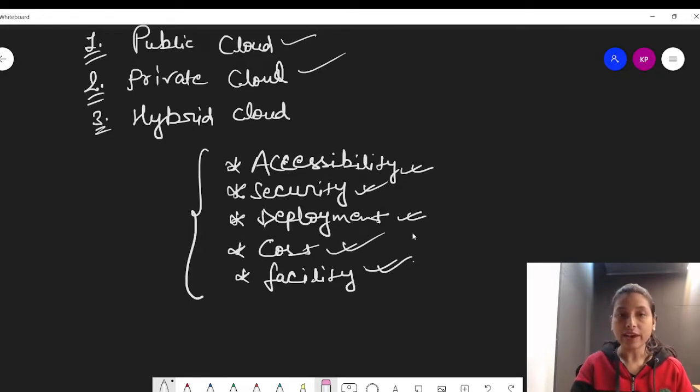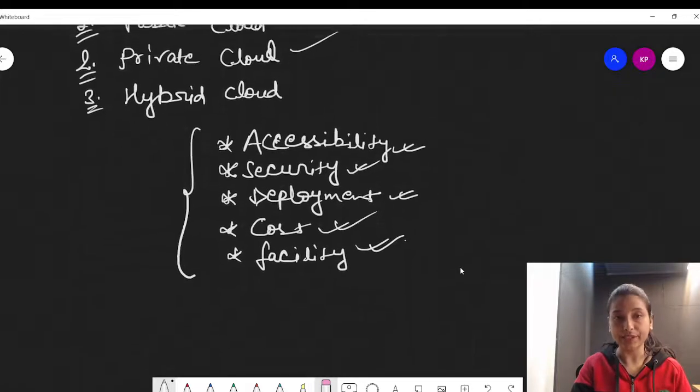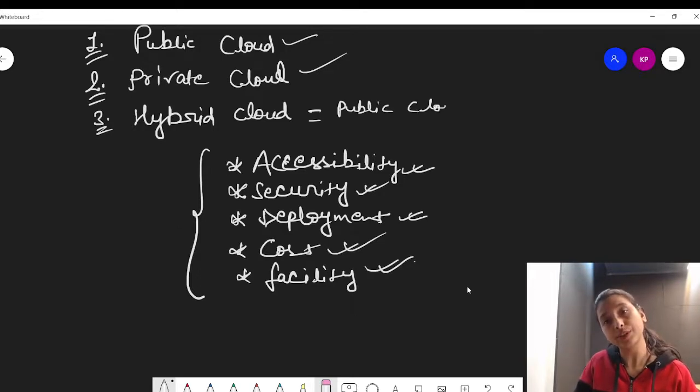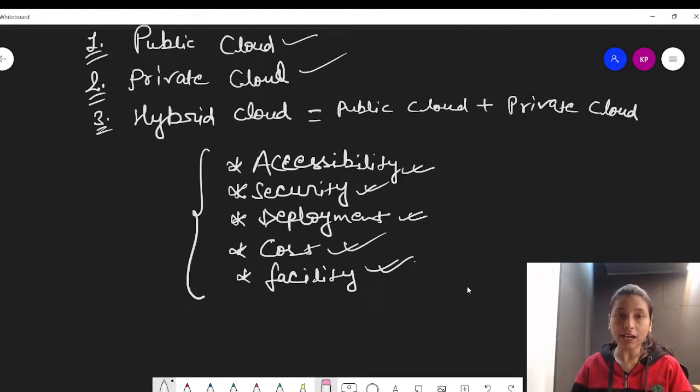So that's where hybrid cloud came into existence, which provides the facility of public cloud as well as private cloud. And if someone is taking the hybrid cloud, then he will be getting both the facilities of public cloud as well as private cloud.